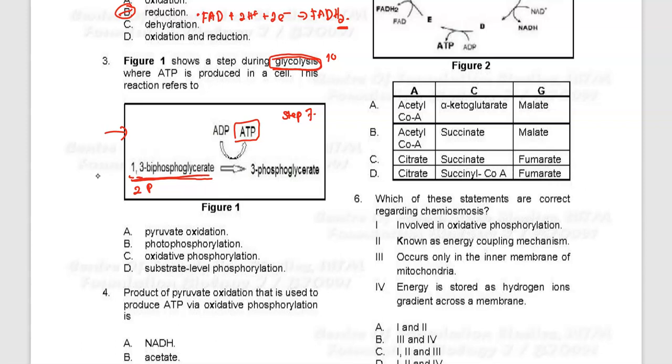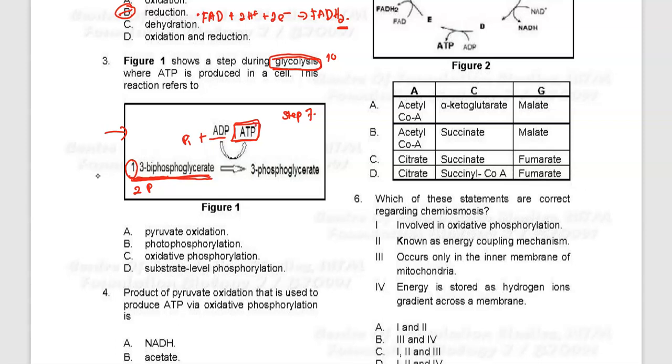1,3-bisphosphoglycerate. So in order to synthesize ATP molecule, the phosphate group at carbon number 1 will be released and accepted by ADP. Then ADP becomes ATP. So this process we call phosphorylation. ADP receives inorganic phosphate from this molecule to form ATP.